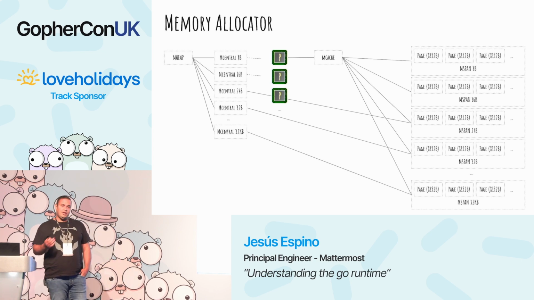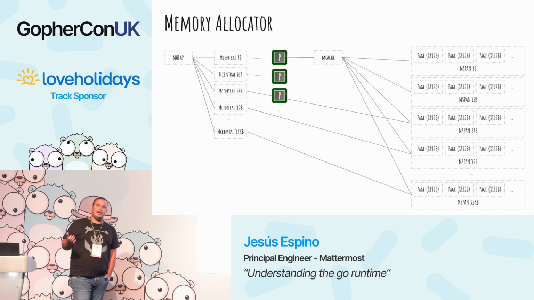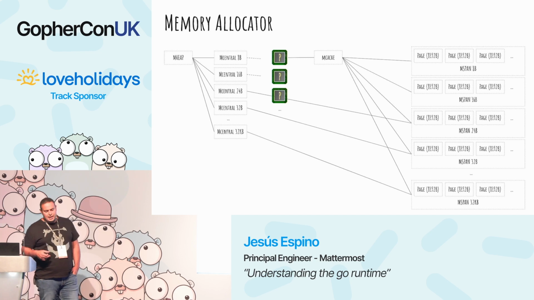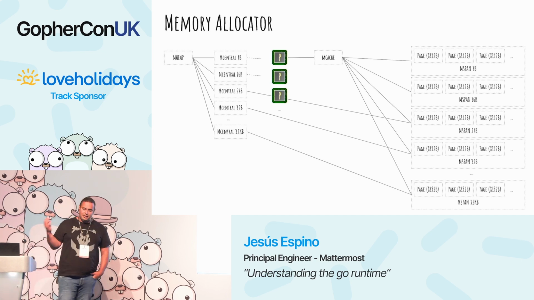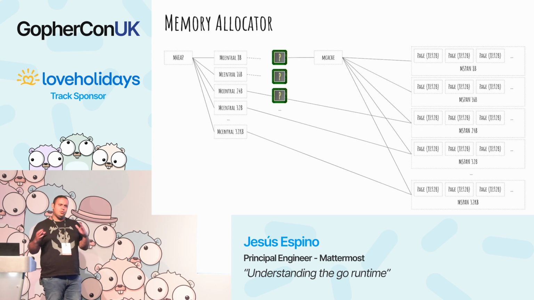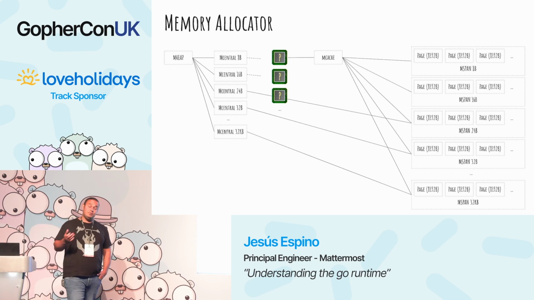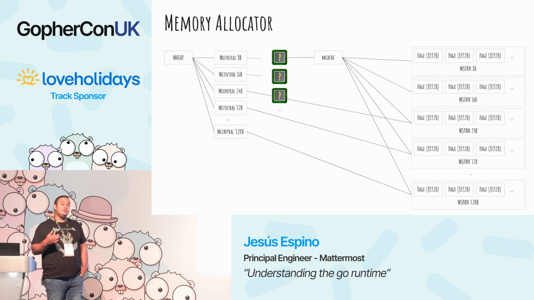So an MSPAN of 8 bytes is going to store variables that are 8 bytes. And there are different sizes for MSPANs: 8 bytes, 16 bytes, 24 bytes, 32 bytes, 48 bytes, 64 bytes, 80 bytes. It keeps growing, and the gap between them keeps growing too. The biggest MSPAN possible is 32 kilobytes.